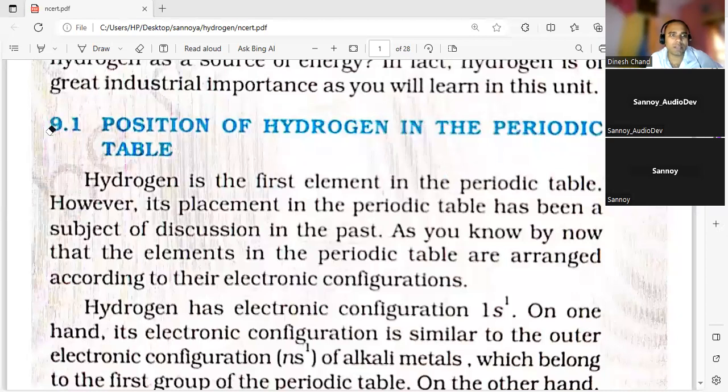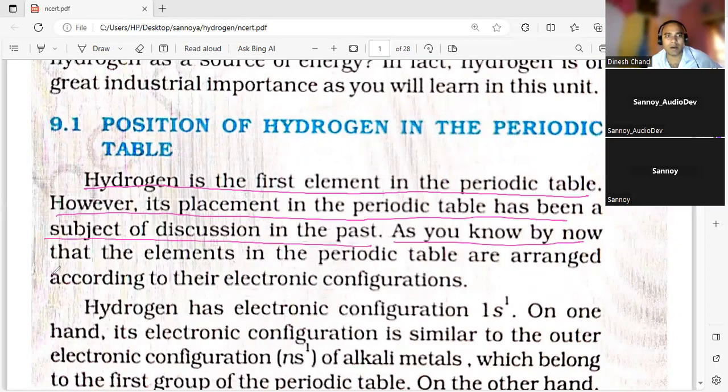Here, if you want to read some lines, you can also read them here. See, hydrogen. They are saying hydrogen is the first element in the periodic table. However, its position in the periodic table has been a subject of discussion in the past. As you know by now, the elements in the periodic table are arranged according to their electronic configuration.